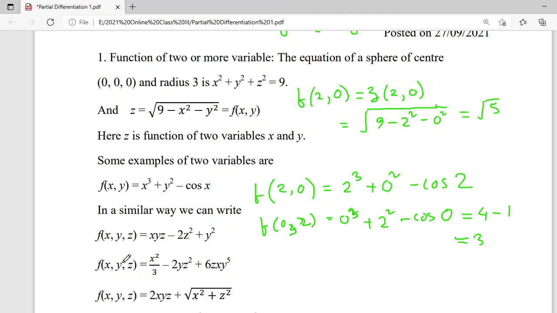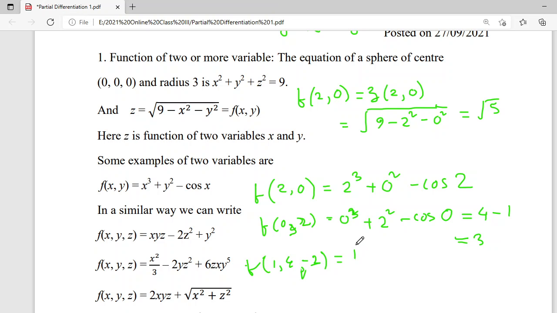So f of x, y, z is x square by 3 minus 2yz square. If we write f of, say, three variables are here, f of, say, 1, 4, minus 2. So what will we have here?